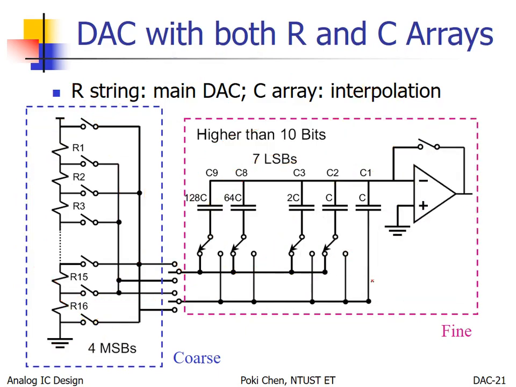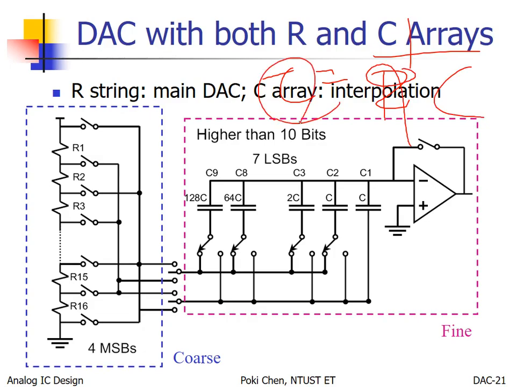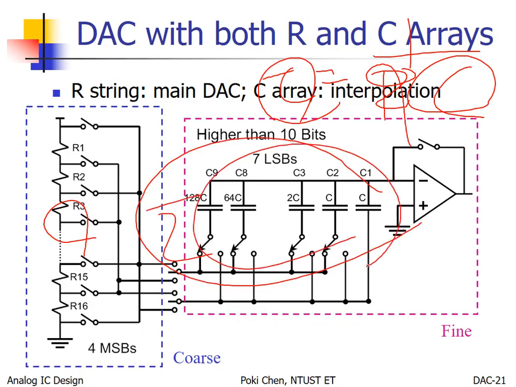Again, for the worst case, the time constant is RC, so the largest R will dominate your delay. Where will be the largest resistance? In the middle. And how about C? All of them, the summation of all those.